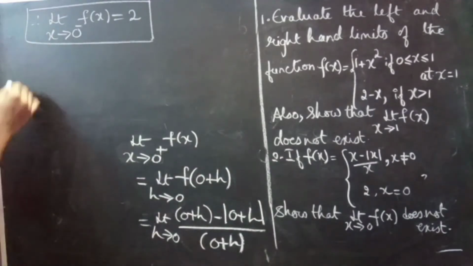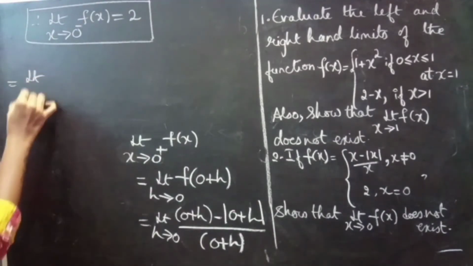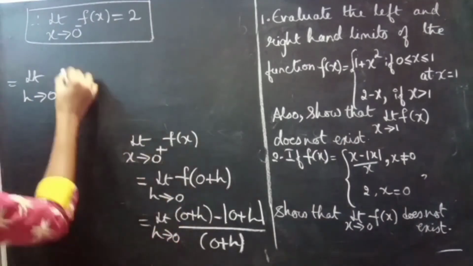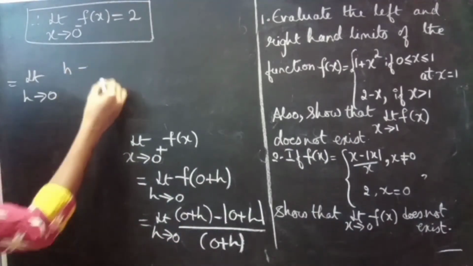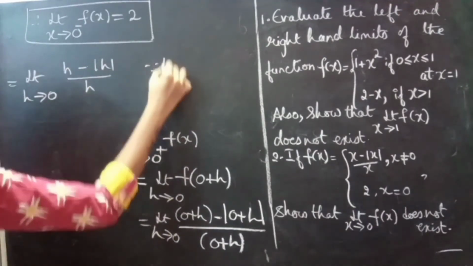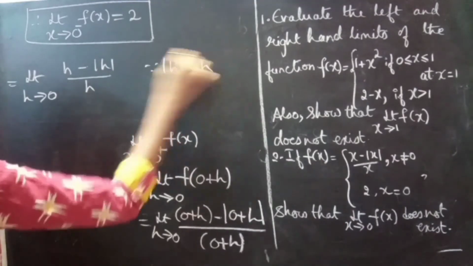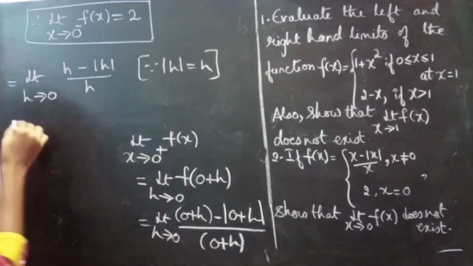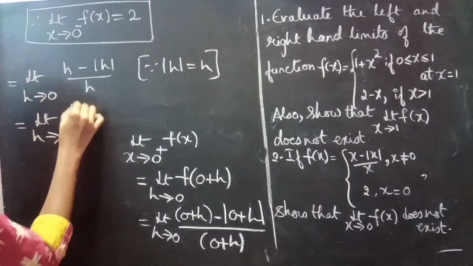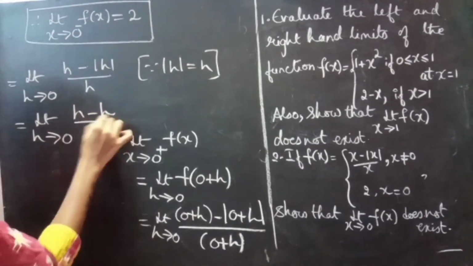So this equals limit h tends to 0, 0 plus h is h, minus mod h by h. Since mod h equals h, this equals limit h tends to 0, h minus h by h.